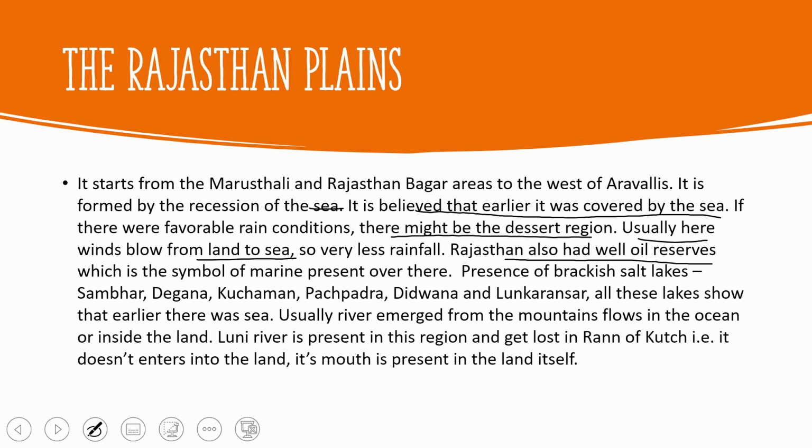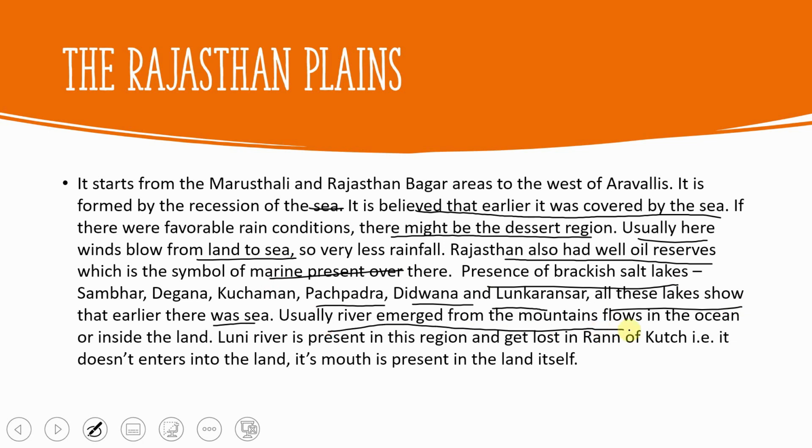That's why we say the sea was present there, and after the sea level decreased, we got the desert. There is also the presence of brackish salt lakes: Sambhar, Didwana, Degana, Kuchaman, Pachpadra, Lunkaransar. All these lakes show that earlier there was sea, because they are salty.